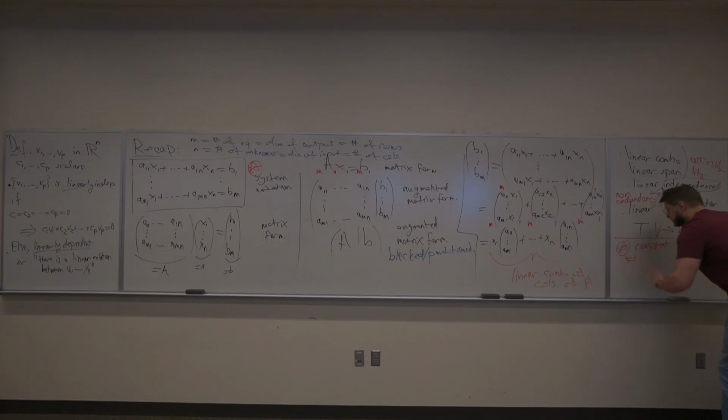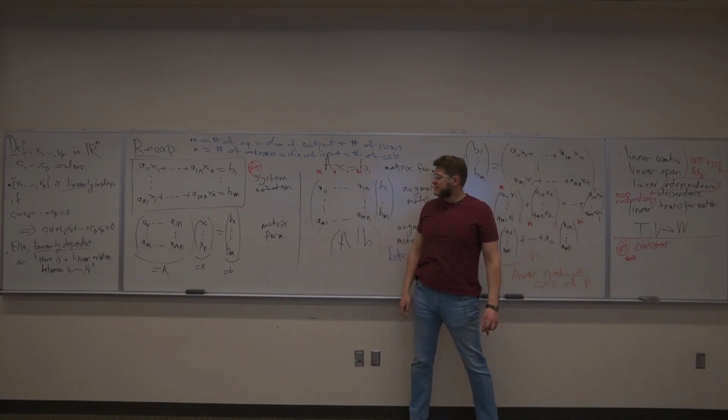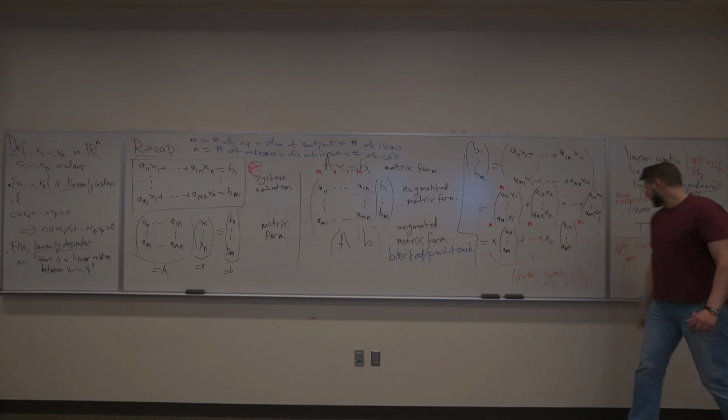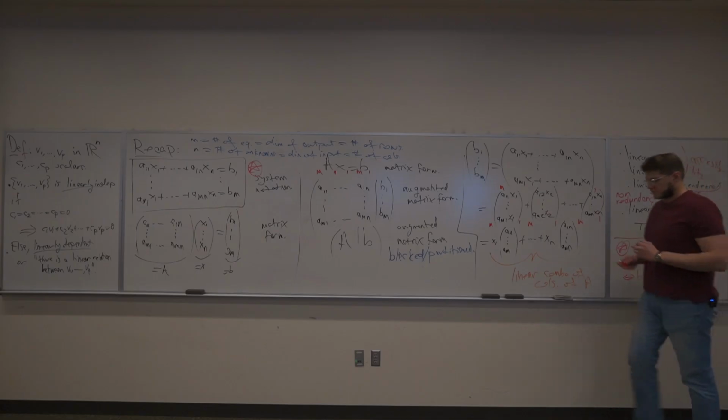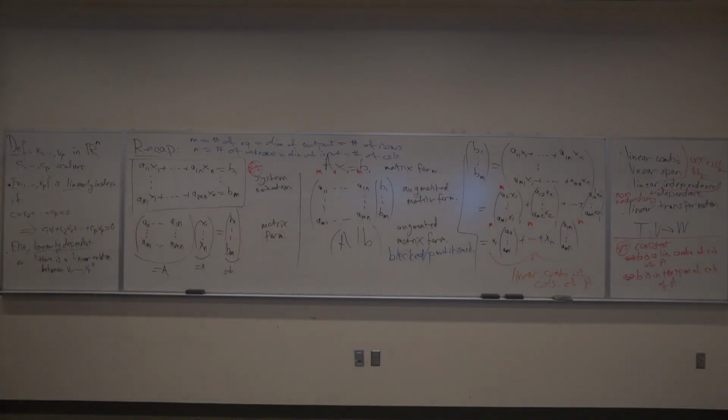This is the same thing as saying that B, the right-hand side vector, is a linear combo of columns of A. But if I want to use the notion of a span, I can just say B is in the span of the columns of A. These are all the same thing, okay? Any comments or questions about this?